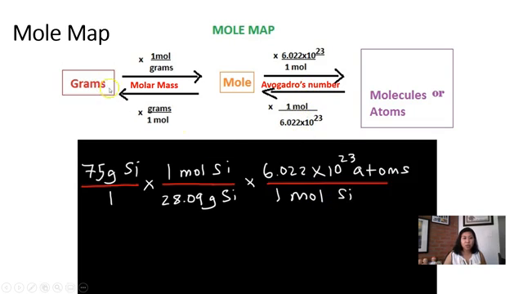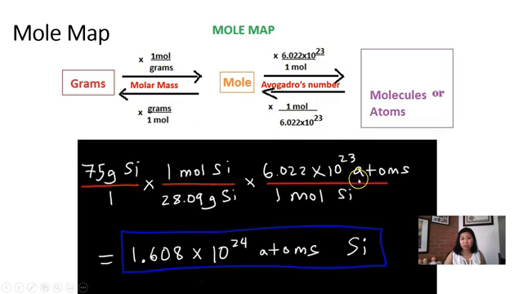So if you look at the mole map here, we go from grams to moles to molecules. So if we follow the arrow, we have to divide the grams at the bottom and then multiply it with the Avogadro's number in order to get this number right here. Okay, so it's a two-step process.